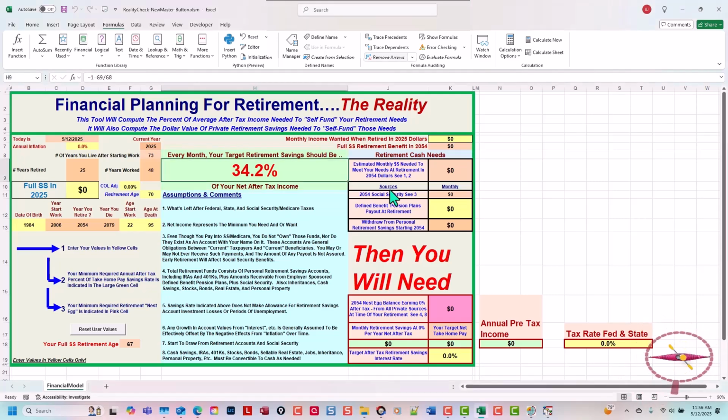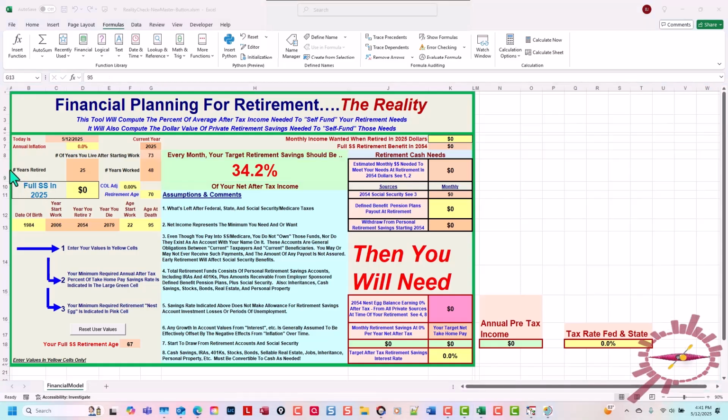The value computed in this cell is a function of two numbers. They are the number of years you live in retirement and the number of years that you live after you start working.